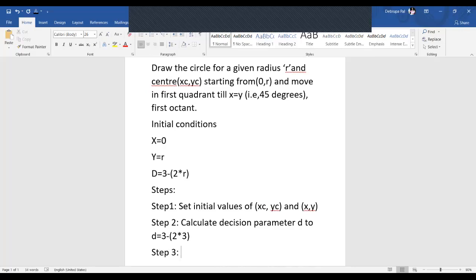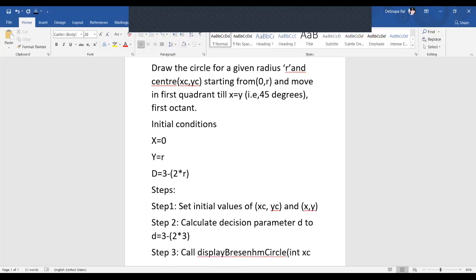Now we will go to step 3. What is step 3? Call display Bresenham circle. This is the name of the function. And now in this function we will write the data types.